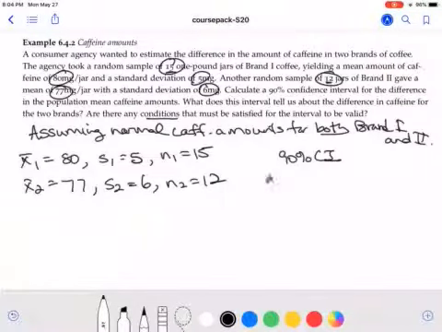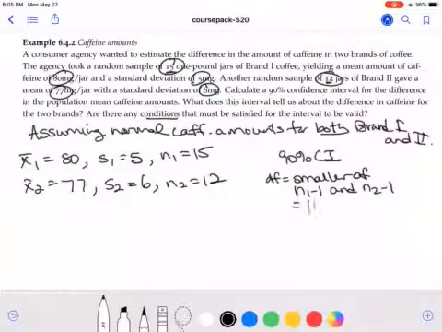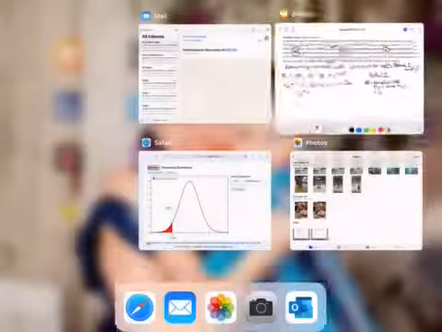The degrees of freedom that we use for this is the smaller of n1 minus 1 and n2 minus 1. n1 minus 1 would be 14, n2 minus 1 would be 11, so the smaller one would be 11. So we need to go find our t critical value in StatKey using the t-distribution with degrees of freedom of 11.